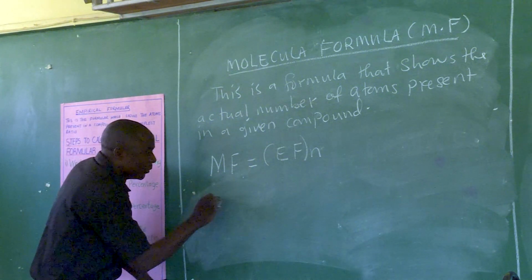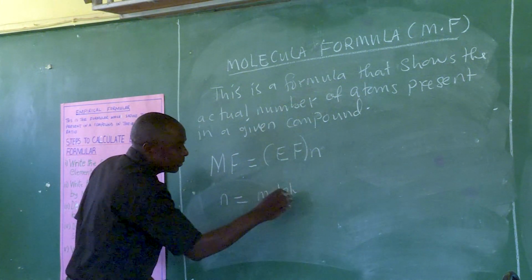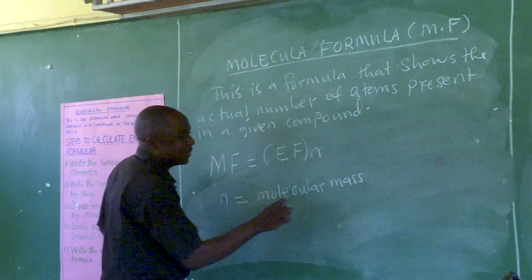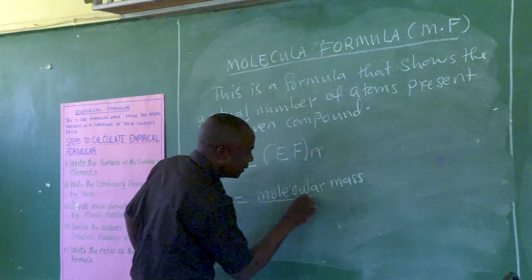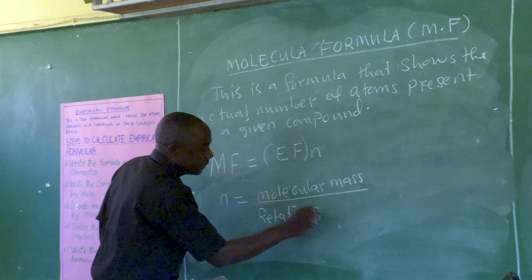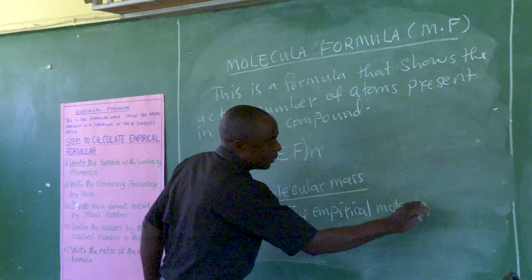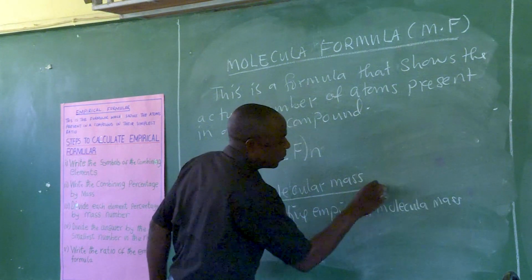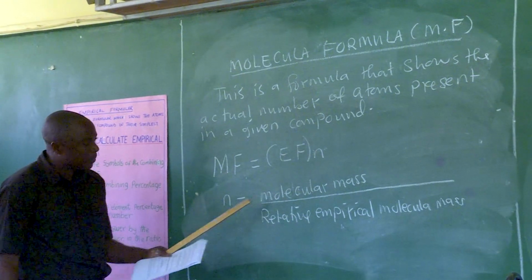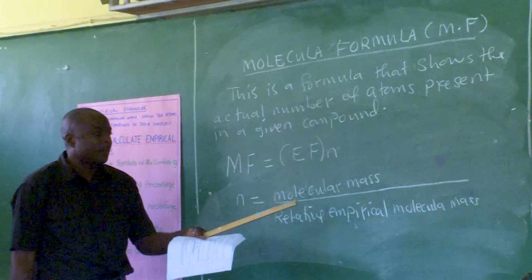Okay? The multiple whole number n is equal to the relative molecular mass of a compound divided by the relative empirical formula mass.